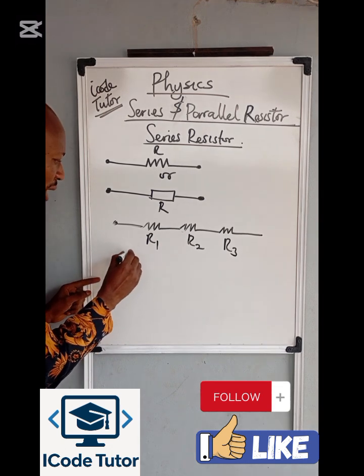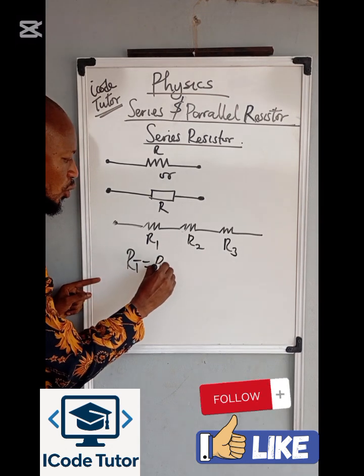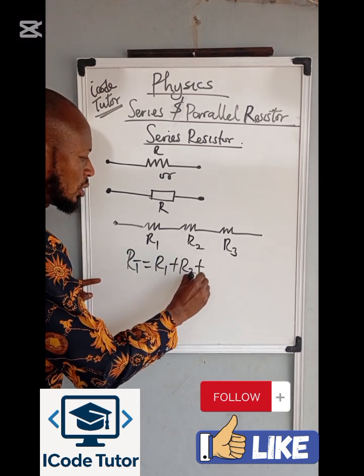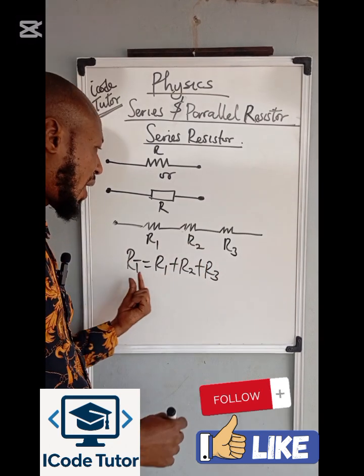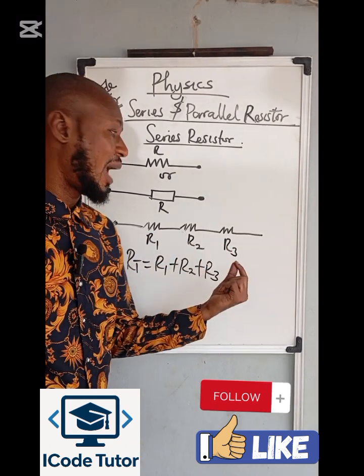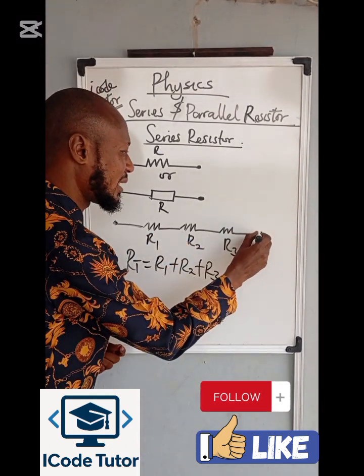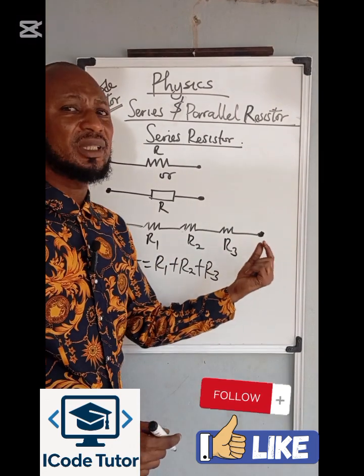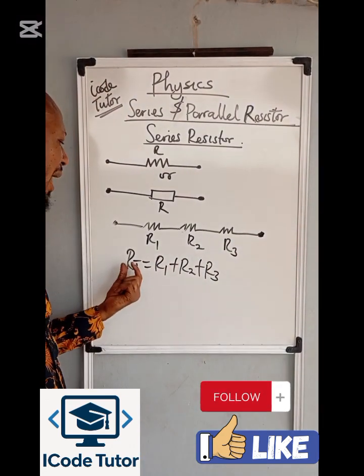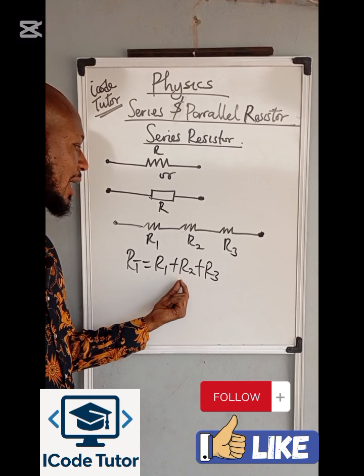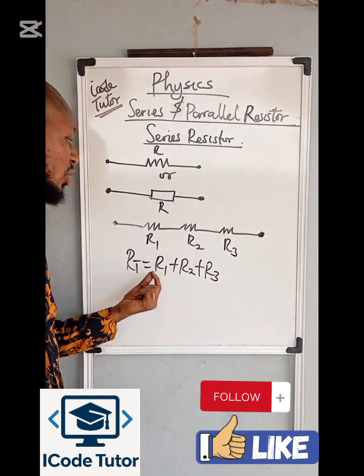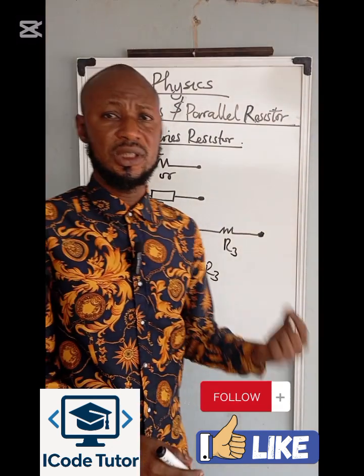It should be R total equals R1 plus R2 plus R3. So far, the resistors given are being represented in series. That means that if you are being asked to calculate the series resistance, it will be R total equals R1 plus R2 plus R3, depending on the values of each resistor given.